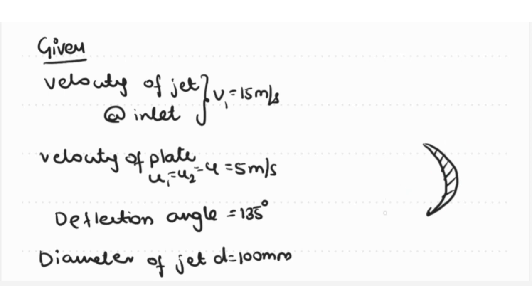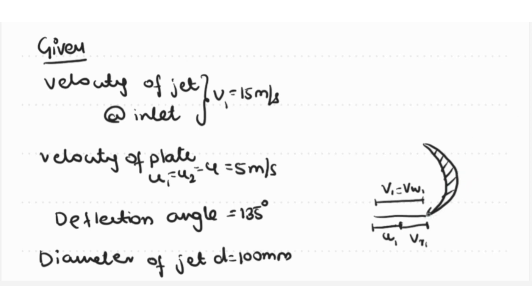So I will draw jet of water striking this curved vane without making an angle with a velocity v1. Therefore the plate is moving at the velocity u1. So this is u1. So what is left is Vr1, that already we have discussed. So v1 will be Vw1 in the inlet part.